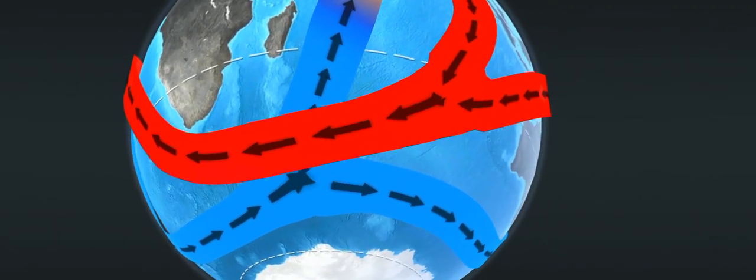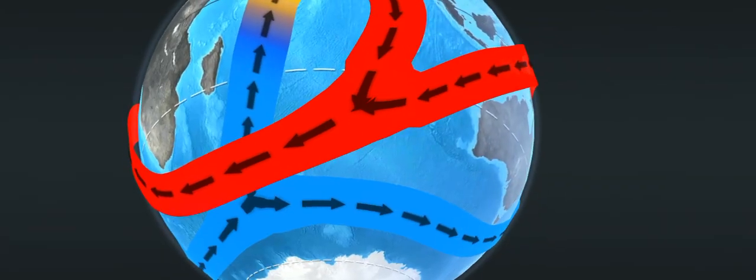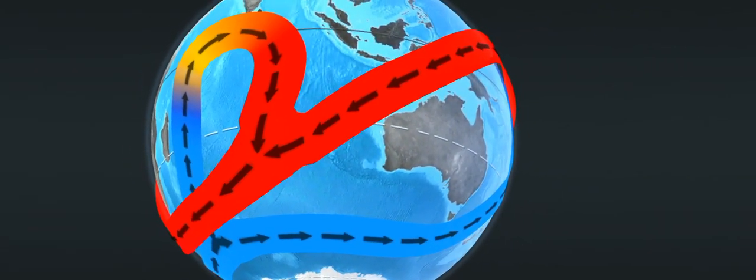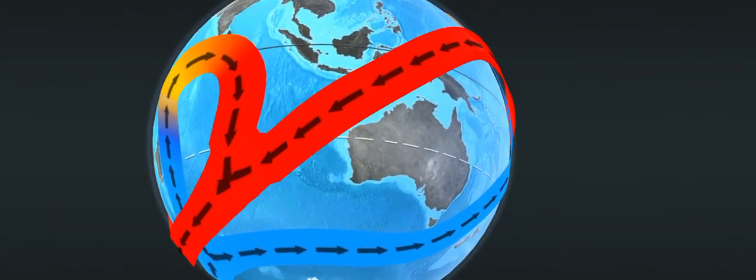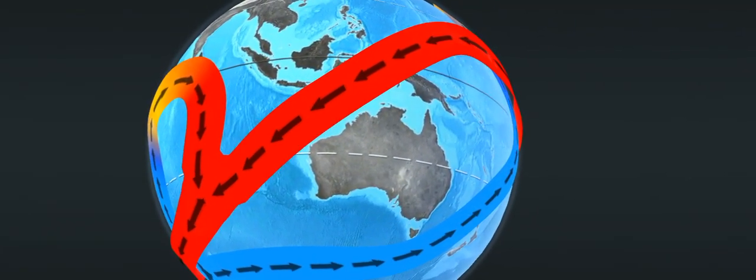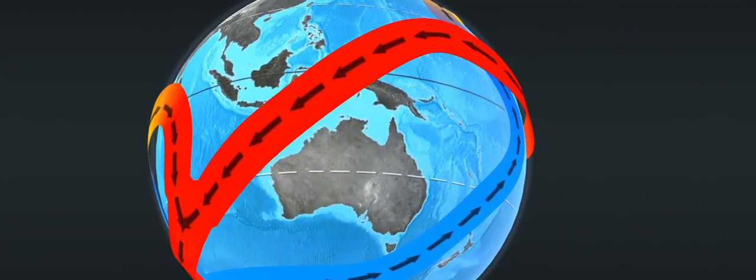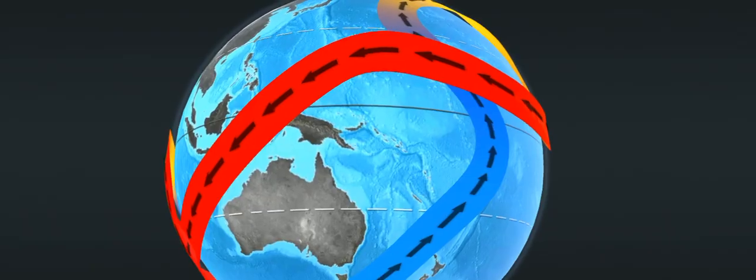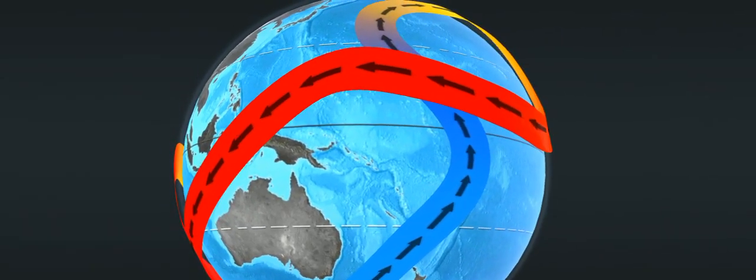It travels almost around the entire planet, rising only at the Indian Ocean and the Pacific Ocean to continue as warm water current. The time it takes for a water molecule to travel around the planet is up to 1,000 years.